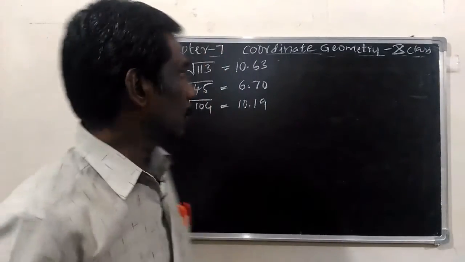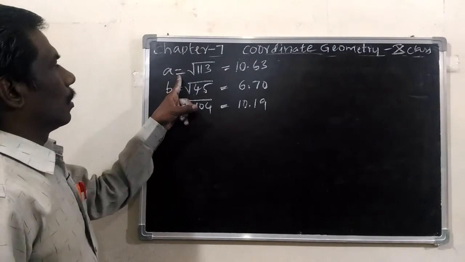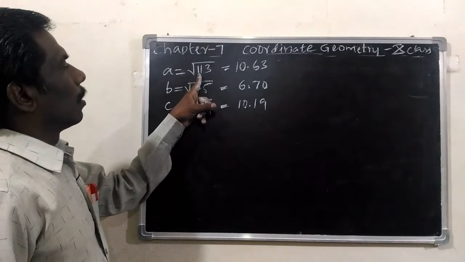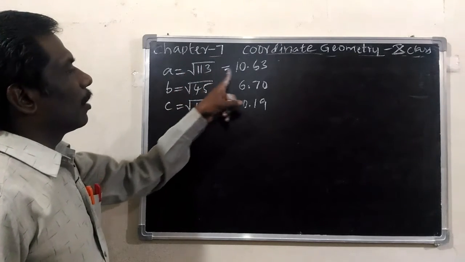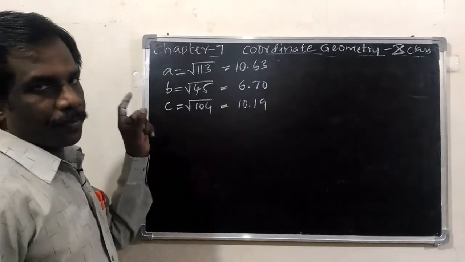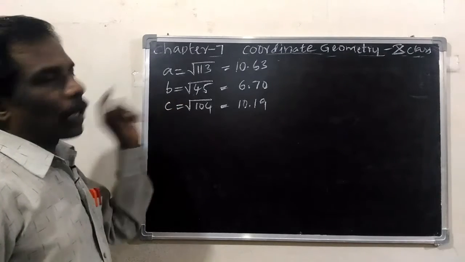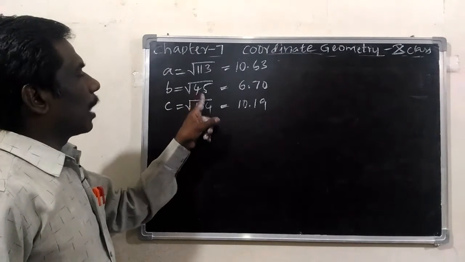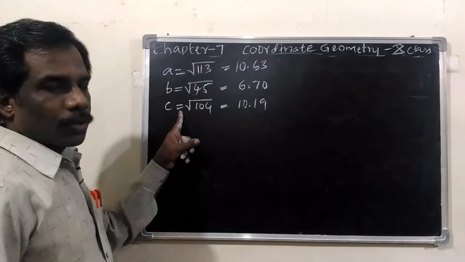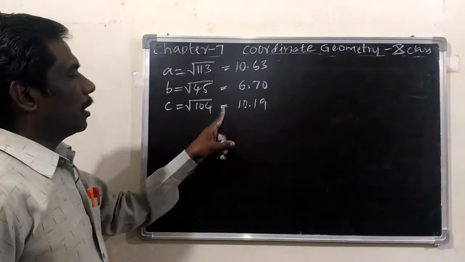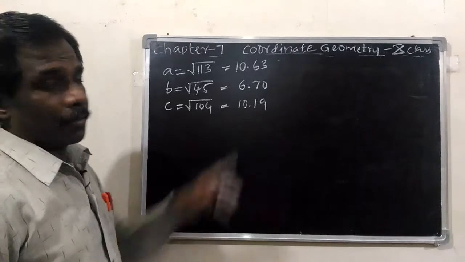Now we have a equal to root 113, whose value is 10.63, and b equal to root 45, whose value is 6.70, and c equal to root 104, whose value is 10.19.